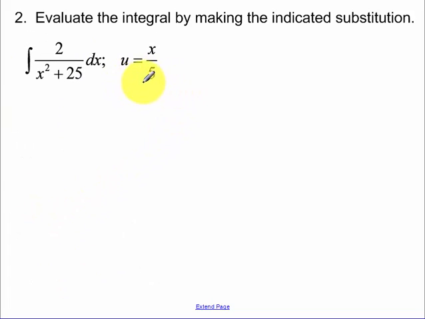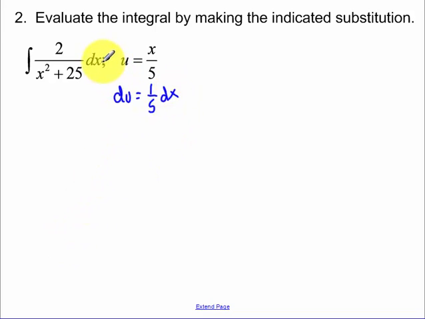Okay, in this case, let's let u equal x over 5, and they give you this u. Now, there's a reason that they give you this u. On the bottom here, we have x squared plus 25. Now, we can actually take the integral of this. Okay, let's get what our du is. It would be 1/5 dx.